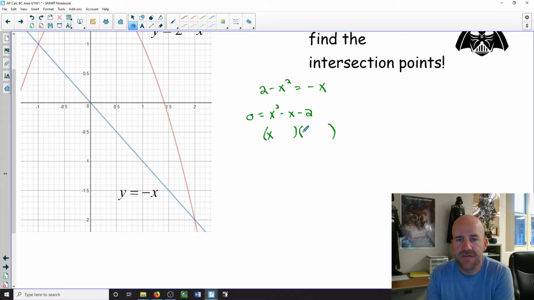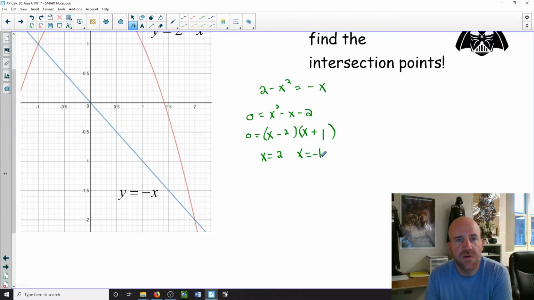So x and x, because of no coefficient out here, and factors of -2, things that multiply to -2, and then we want them to add to -1. So -2 and a +1. Those are equal to 0. Now we can use our zero product property and solve for x. So x equals 2 and x equals -1.